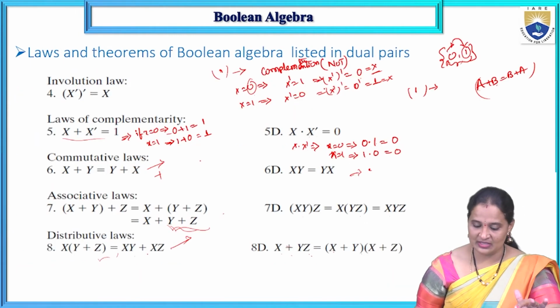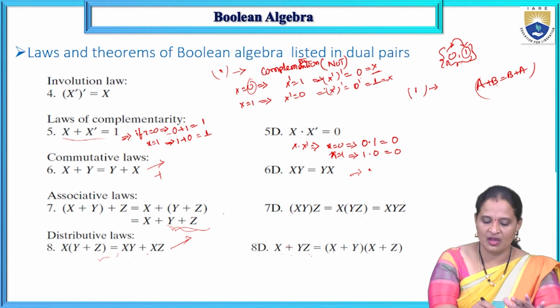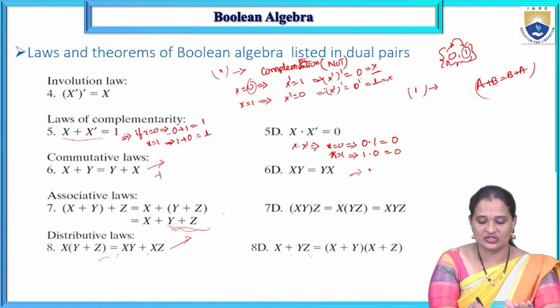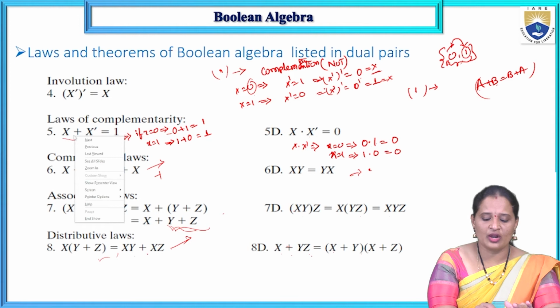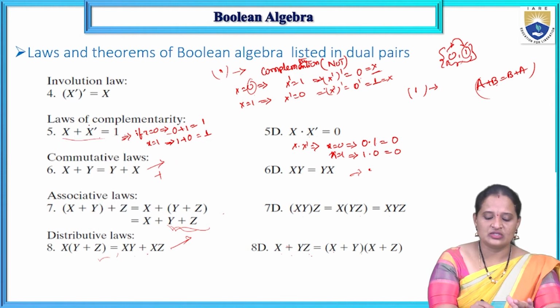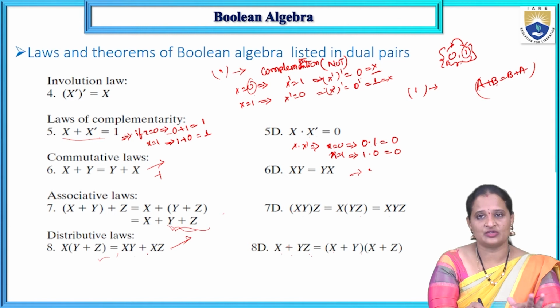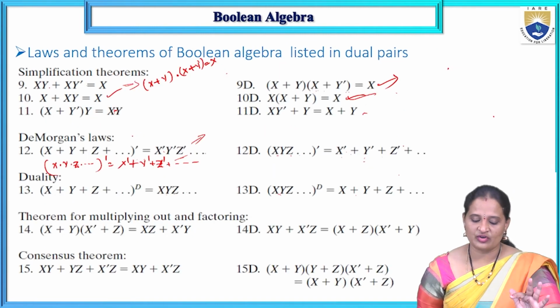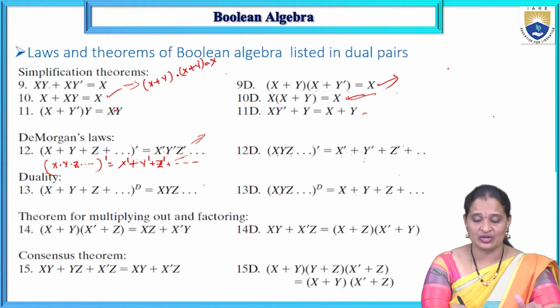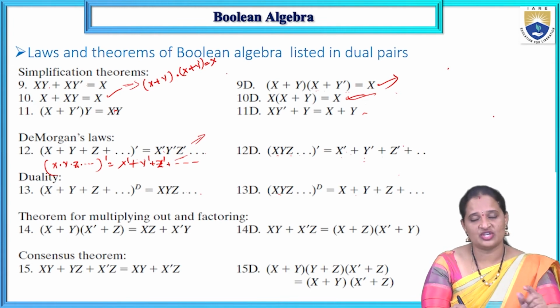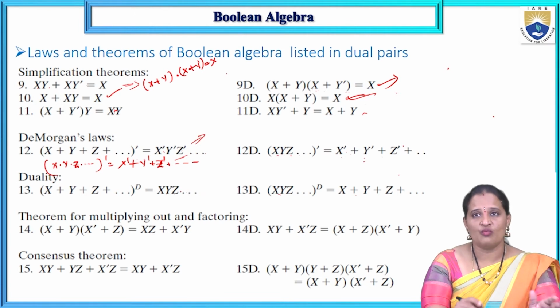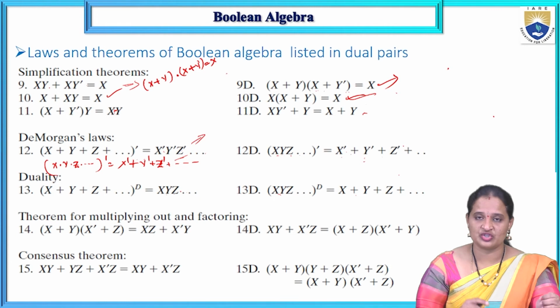Similarly, even if you observe here, x plus x complement is equal to 1. Now coming to the dual of this one. The plus will be changed to dot, x dot x complement is equal to 0. One thing you have to remember, whenever you are finding the duality, variable will not be complemented. The plus will be changed to dot and dot will be changed to plus, and also 1 is changed to 0 and 0 is changed to 1.